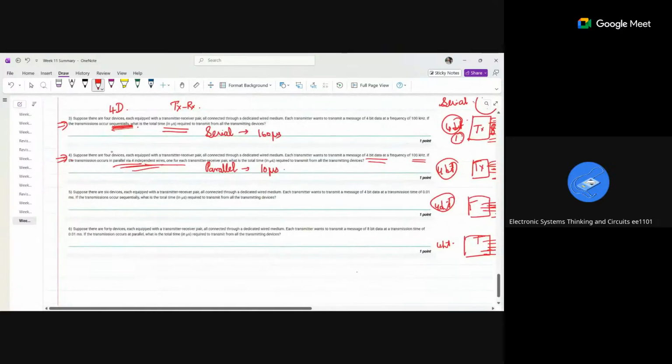Now find the answer for the 5th question. So 6 into 4 into 0.01.